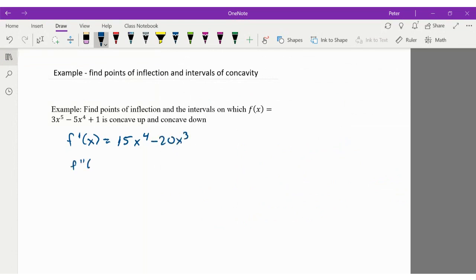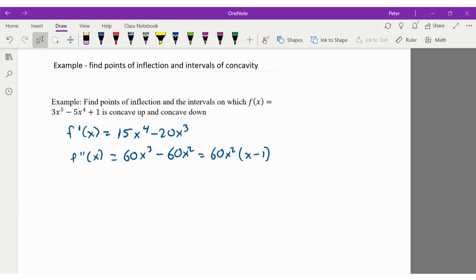And the second derivative is then 60x cubed minus 60x squared, which equals 60x squared times (x minus 1). Isn't it nice how textbook examples always come out so clean? That's why they call them textbook examples.